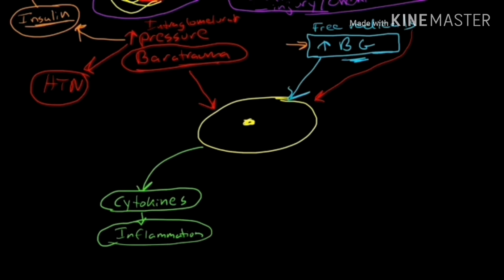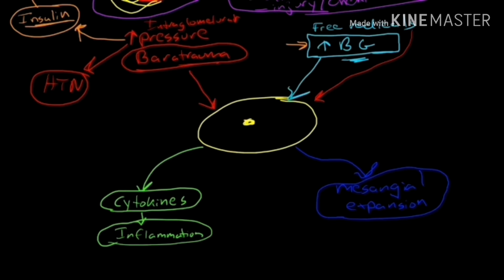read in the literature, you'll often come across the term mesangial expansion. And this is essentially hypertrophy of the mesangium, where we have cells that are larger and greater in number.